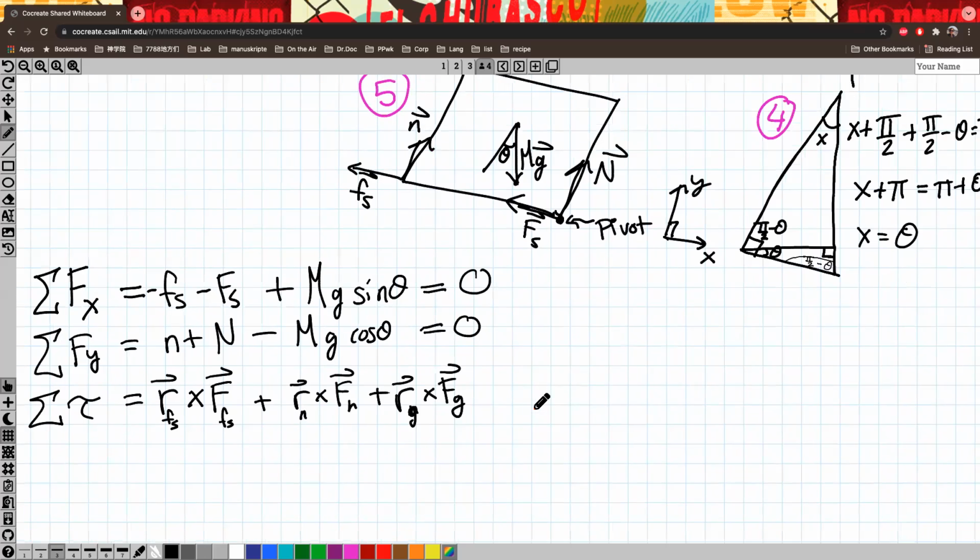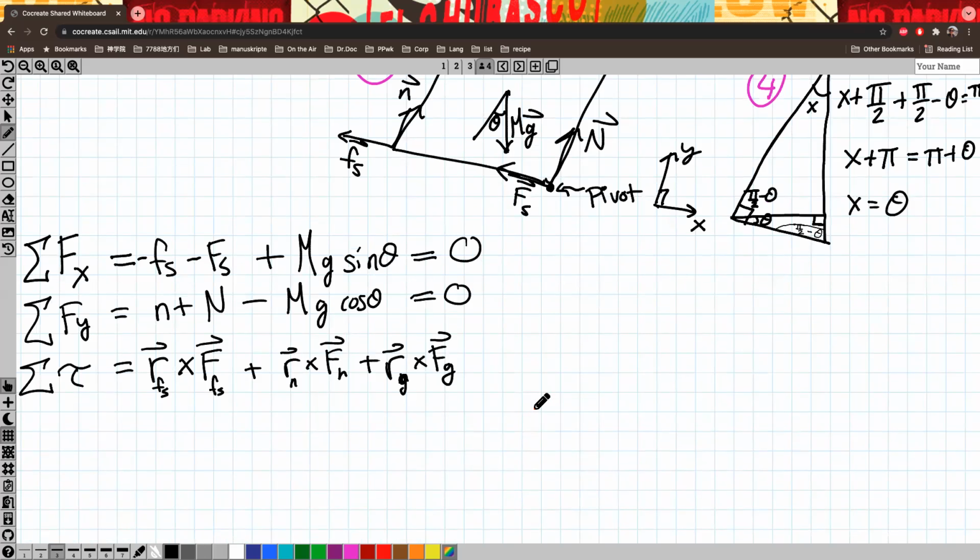So let's start with friction. The distance away from the pivot point would just be W. For the first one, it's exactly W, the magnitude.